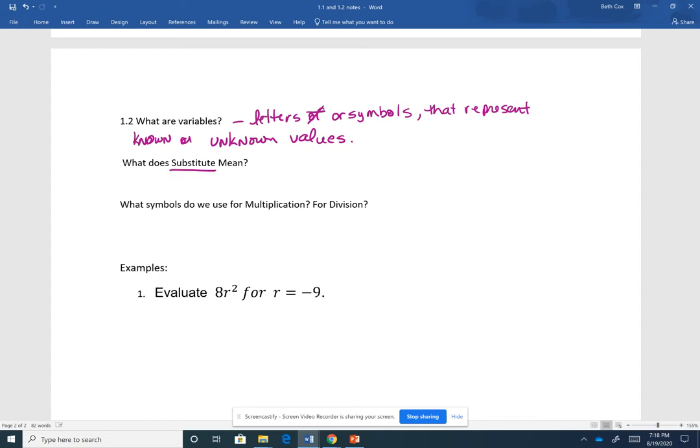Okay, and so now the word substitute. Substitute means take something out and put something in that's equivalent. So you remove something and then replace it with something equivalent. We do this all the time when we are playing sports. We substitute, and hopefully if you've got a really good team, you substitute equally.